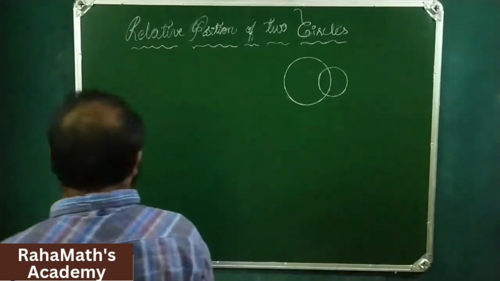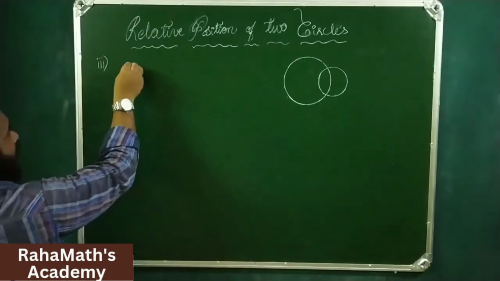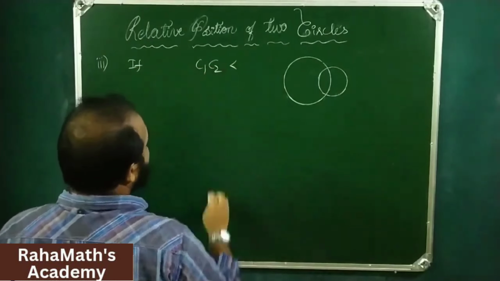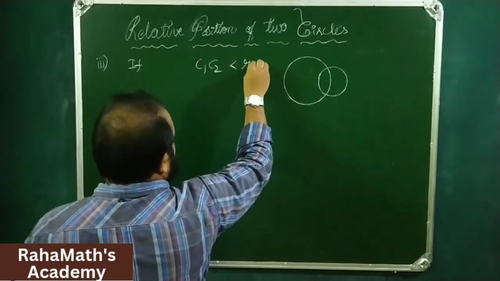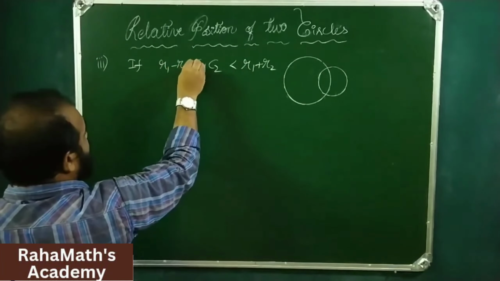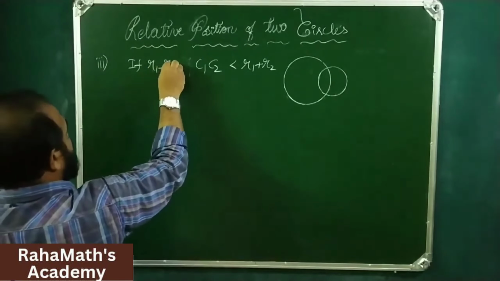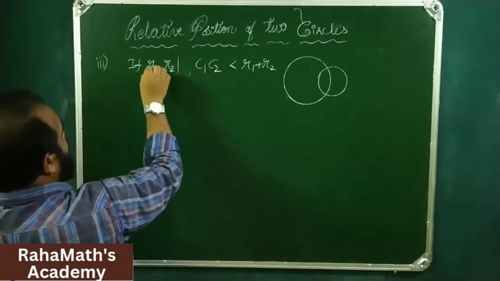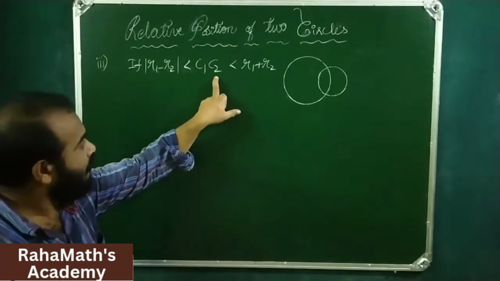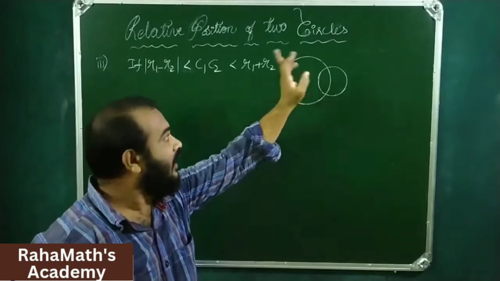So the next relative position is if C1, C2 is lying in between modulus of R1 minus R2 and R1 plus R2. That is, C1, C2 is lying in between the difference of radii and the summation of radii.